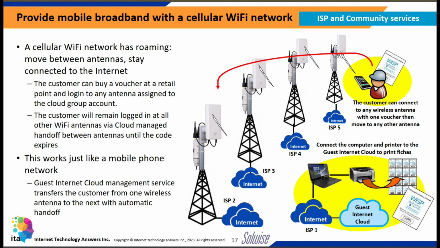Each one can be maybe connected to a different ISP. The business would maybe print vouchers and sell the vouchers. A voucher might give a day of internet access or a week of internet access. And the person can then connect with a mobile device to one tower, and once connected, stays connected as that person moves through a network of towers.